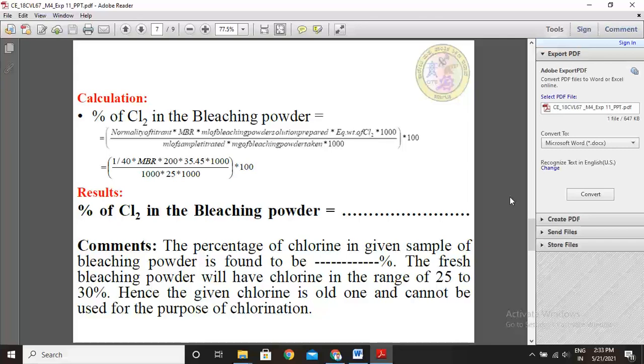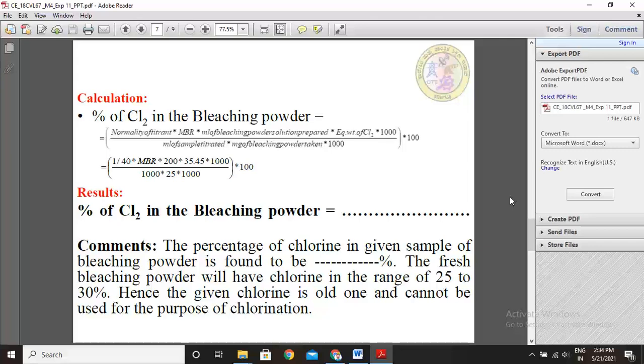Percentage of chlorine in the bleaching powder is given by the formula: normality of titrant into MBR into ml of bleaching powder solution prepared into equivalent weight of chlorine, divided by ml of sample titrated into milligram of bleaching powder taken into thousand. Okay. Now based on this formula you write the values.